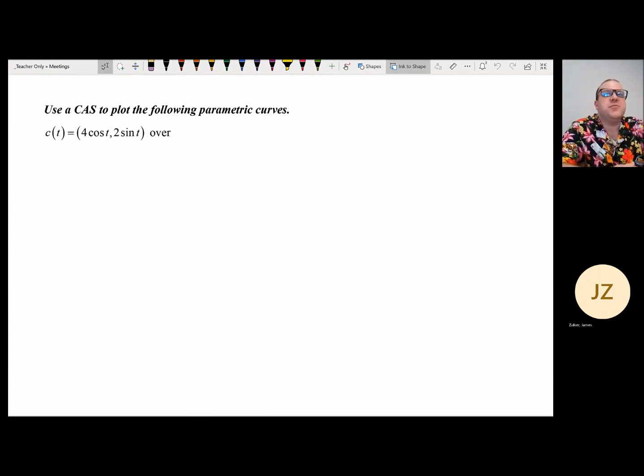Like that, but whatever. 4 cosine t, 2 sine of t. I don't know if I actually copied the whole problem, over 3 domains.